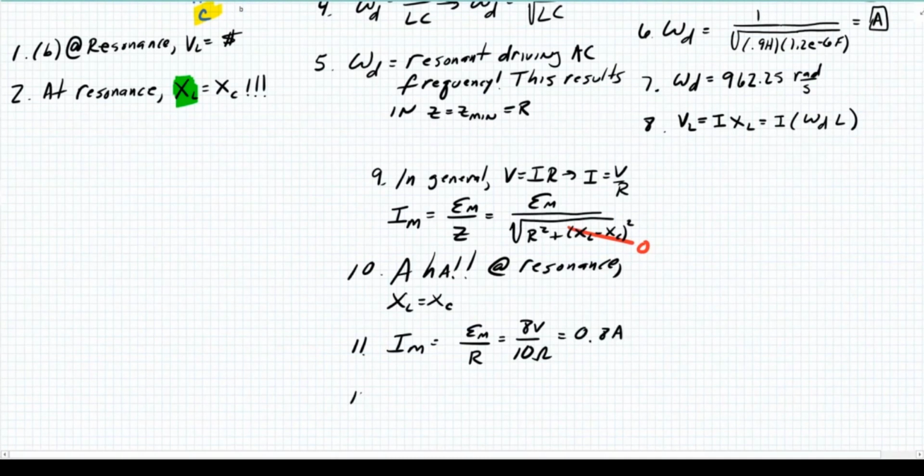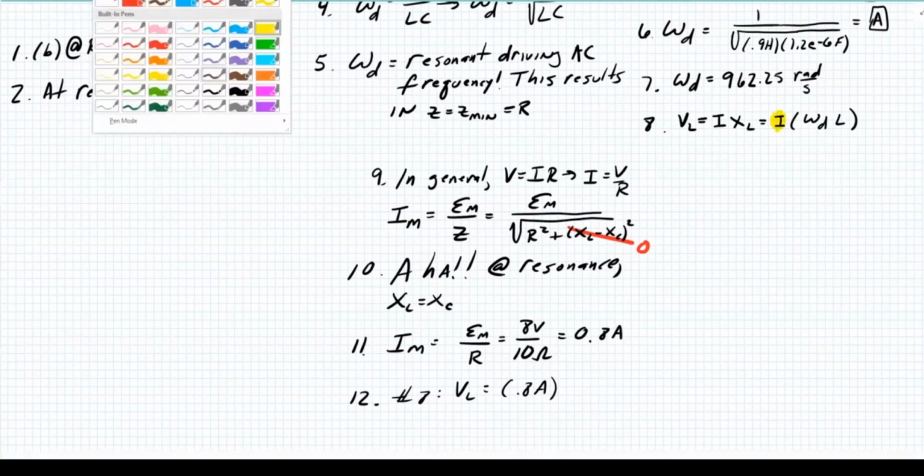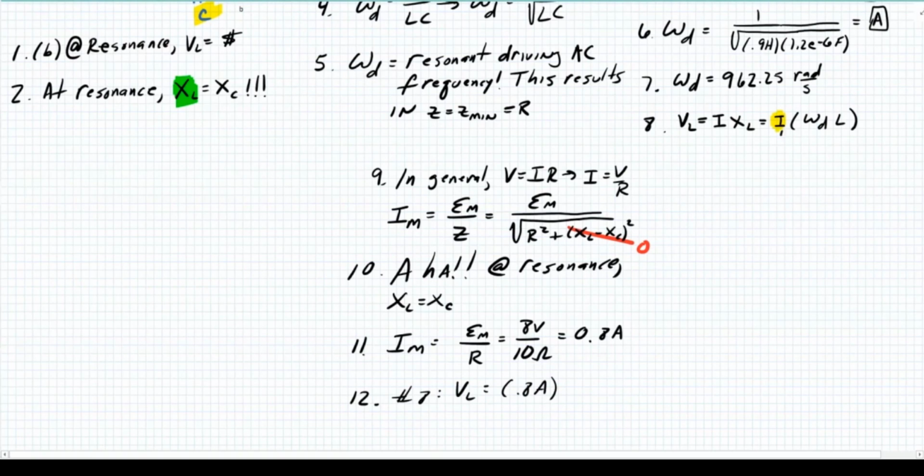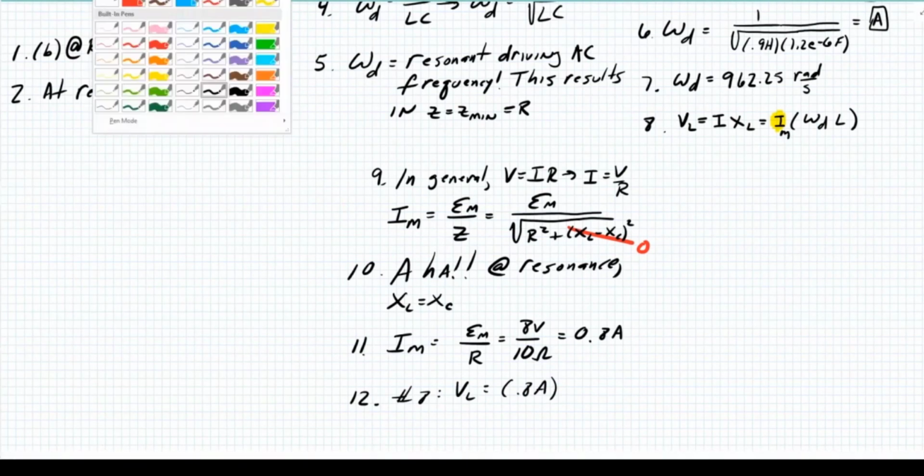So number 12, let's go back to number 8. Number 8 now becomes the voltage drop across that inductor equals 0.8 amperes. That's the I value. So I'm going back here, and I should write, this is I subscript M. This is the current amplitude, the maximum possible value of the current.